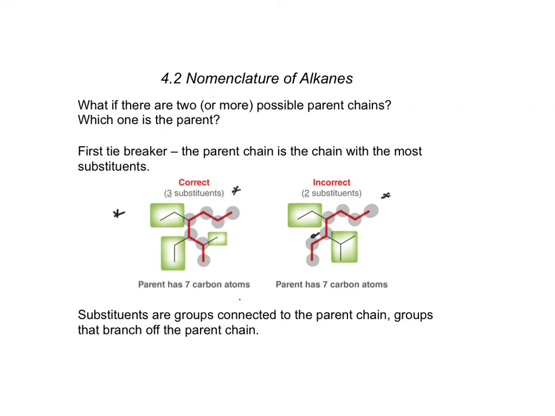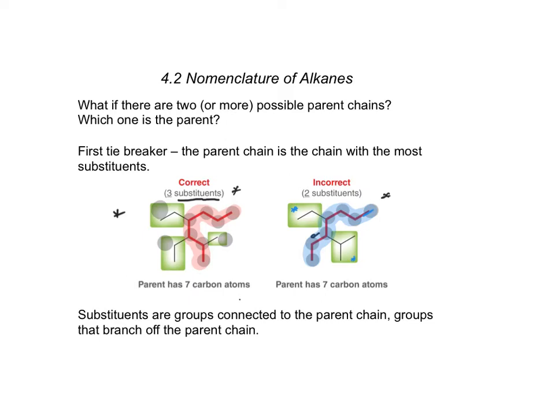So if we start over here on the left-hand side, if this is our parent chain, then we'll note that we have 1, 2, 3 different branches off of it, right? So we have 3 different substituents here. Whereas if we started on this guy, if we went this way, same exact 7-carbon chain, we would only get 1, 2 substituents off it, right?